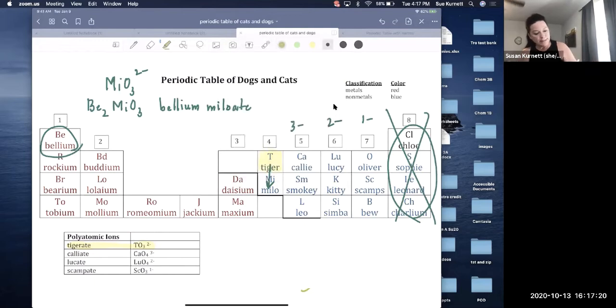For group 5, it's going to be Callie. When you see the 8 ending, that tells you it has oxygens. 8s and ites contain oxygens, and ides don't. So we need a line leader, and we need to be told what the polyatomic is. So I'm telling you right here, Calliate is CaO3-.